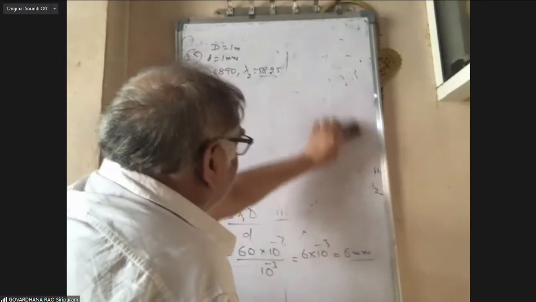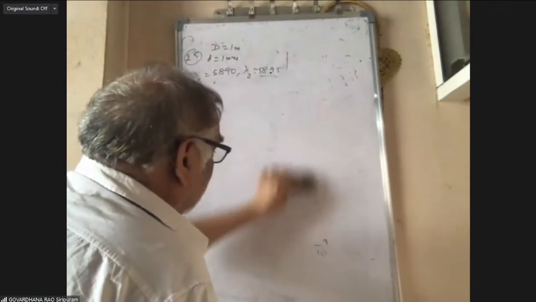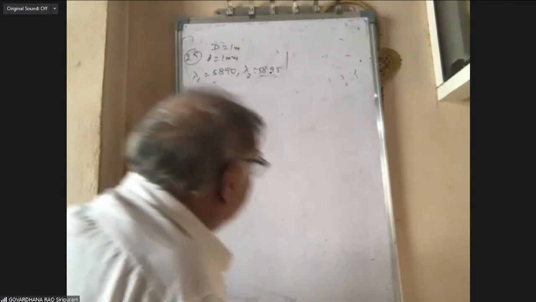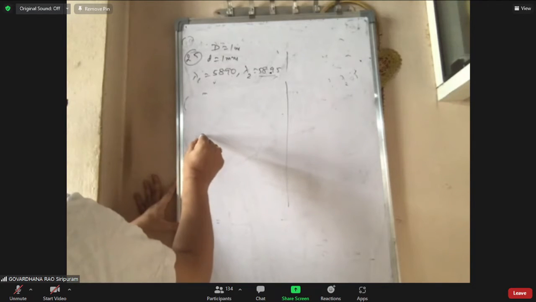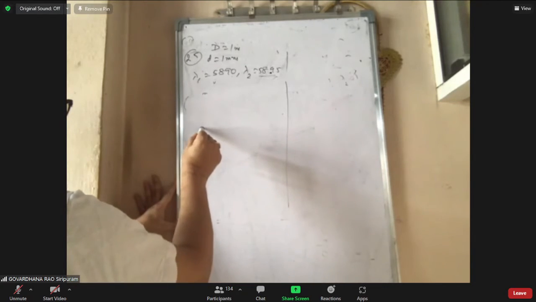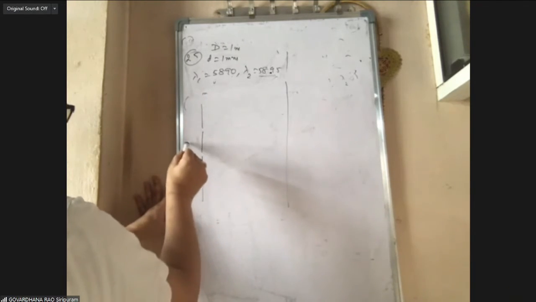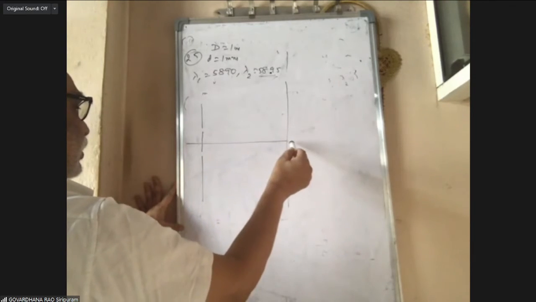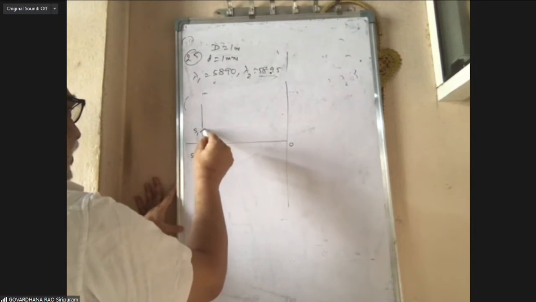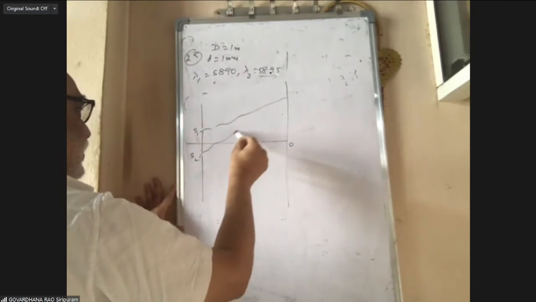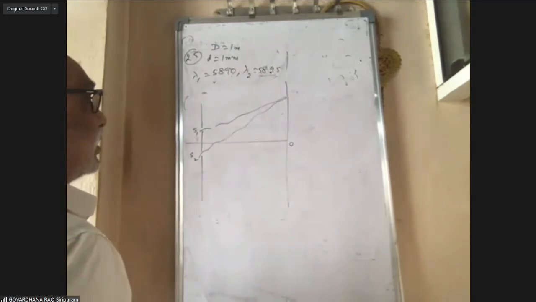How did we get that? My intention is, see, this is a screen and these are the two slits. Light is coming. Up to what order can be seen?